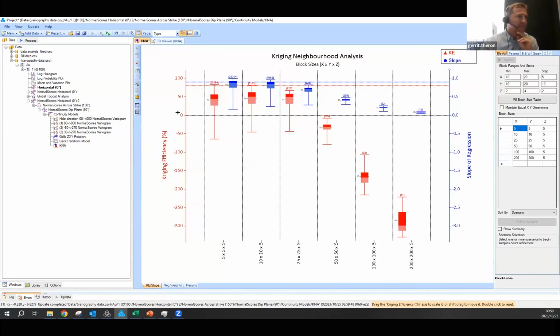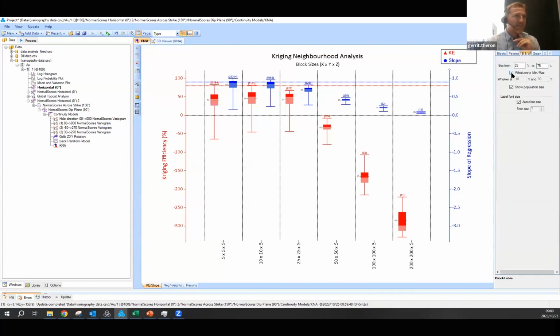Great. So there's our graph. We can see, luckily, this also confirms our suspicion that the bigger blocks are out of the question. I like to switch off the whiskers. We can see that our best kriging efficiency was generally achieved by the 10 by 10 blocks.